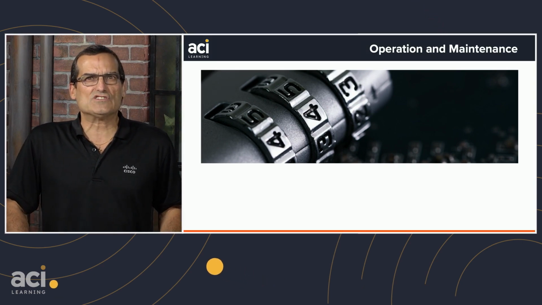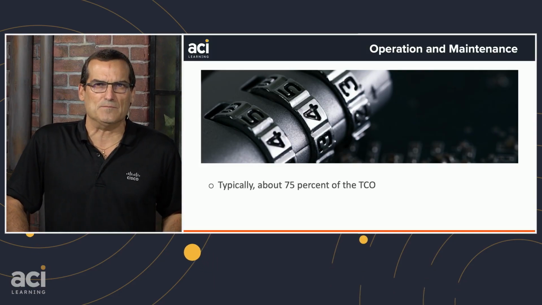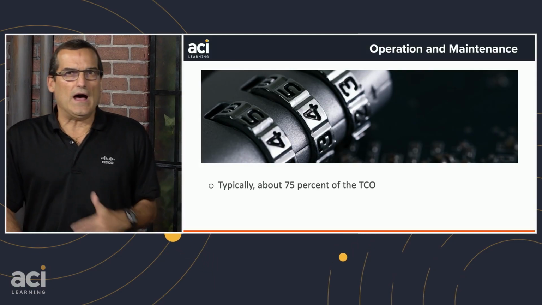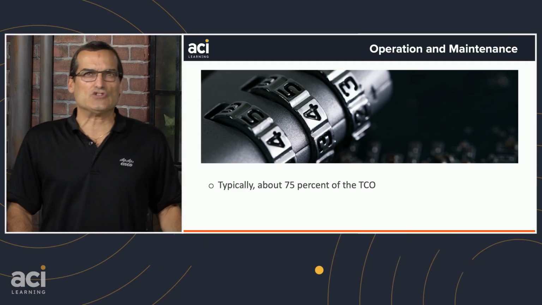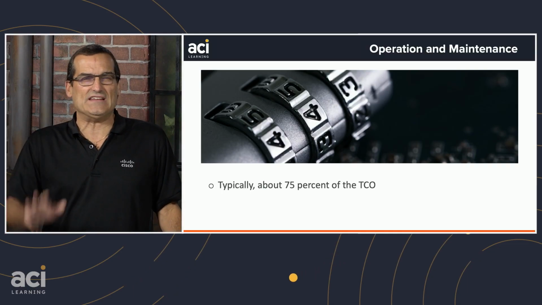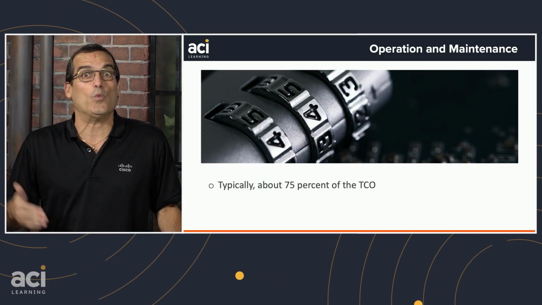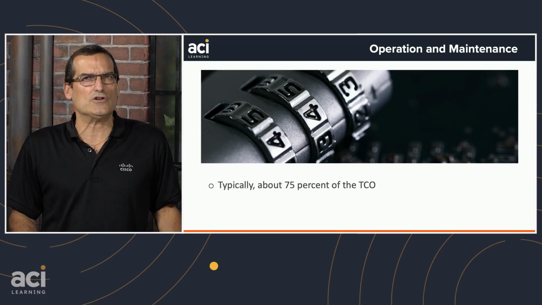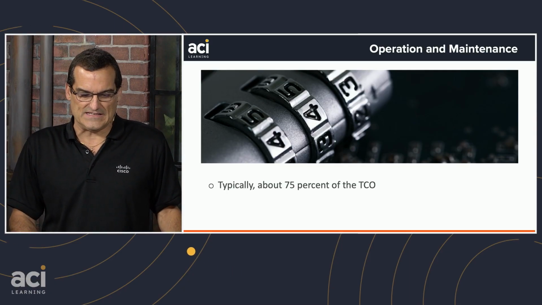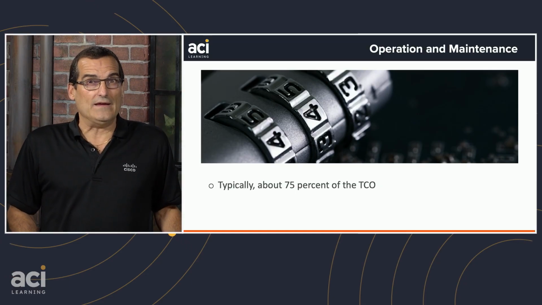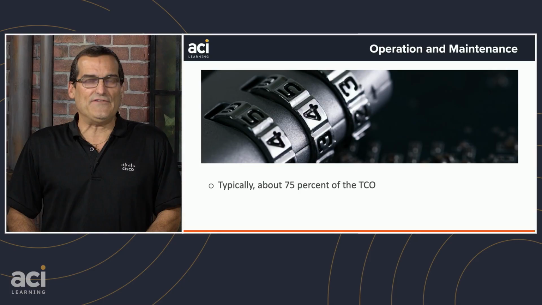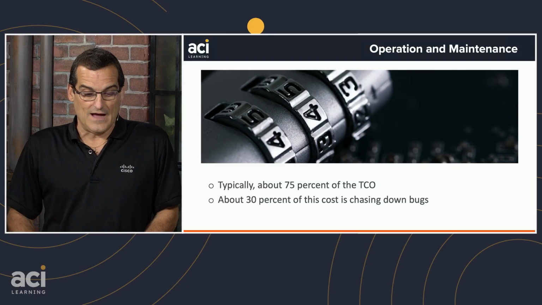Now, we have the operation and maintenance phase. This is what most people think of as far as costing us money. And it is true, about 75% of the total cost of ownership comes in this phase. I don't need you to memorize that or anything. I just wanted you to be aware of really what goes into each of these different phases. And by the way, of the companies polled, 75% of the TCO was spent in this area. And guess what?